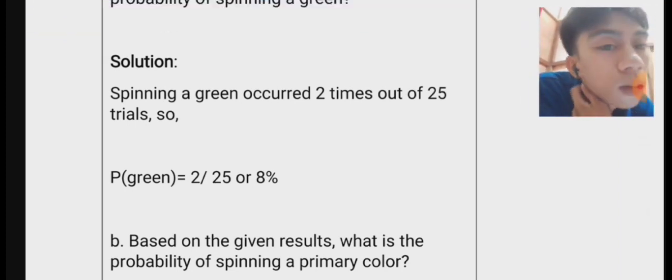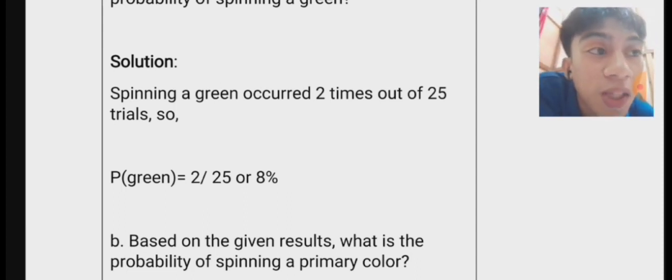I know you ask, why is it 8%? 2 divided by 25 times 100% is 8%.